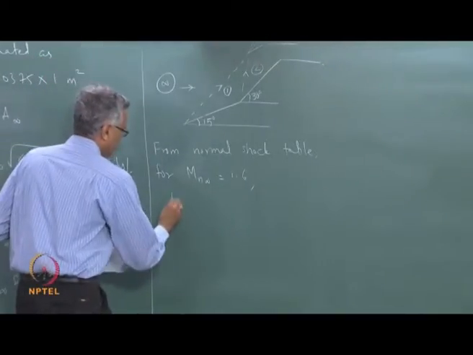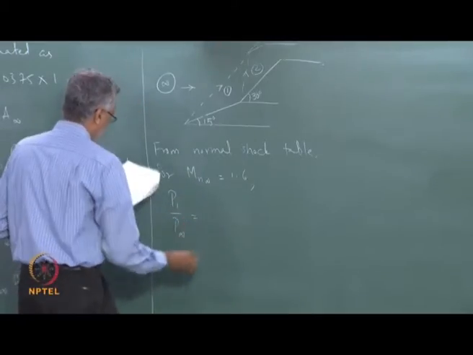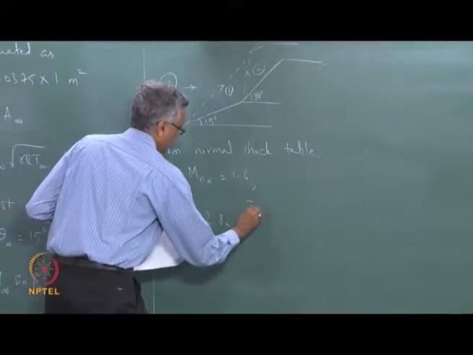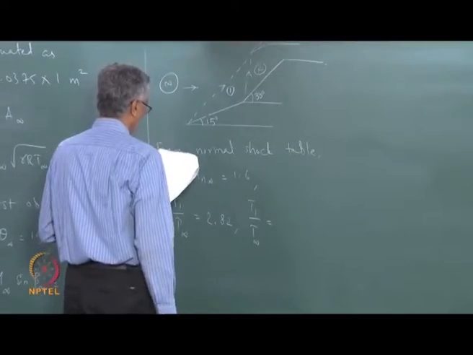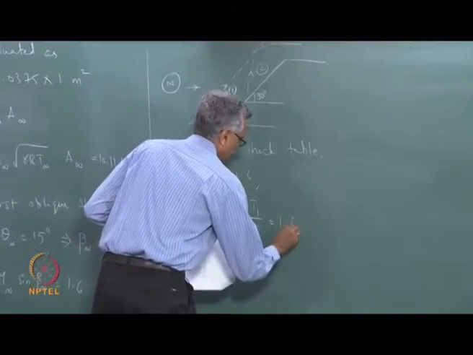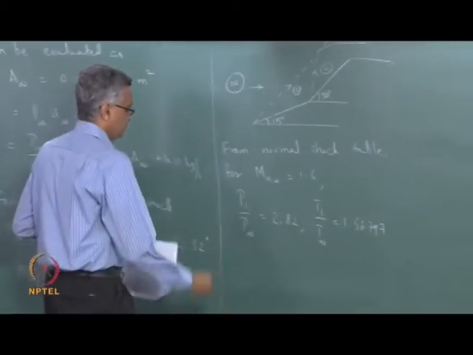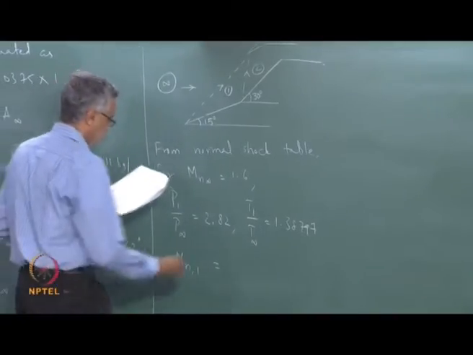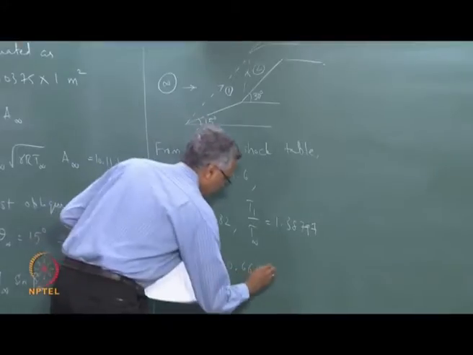So, we get P1 over P infinity to be 2.82, T1 over T infinity to be 1.38797, and we get Mn1 to be 0.668437.